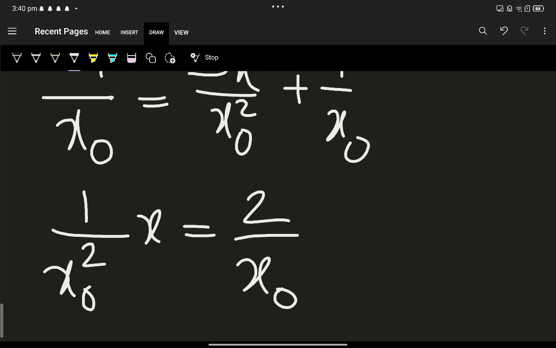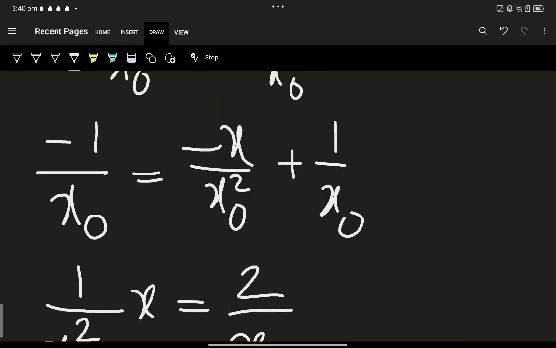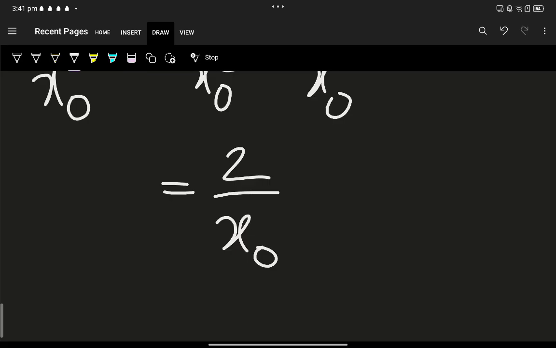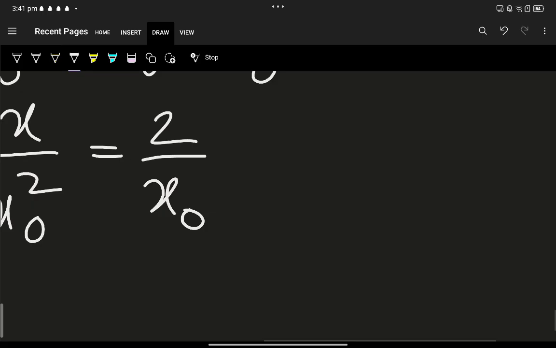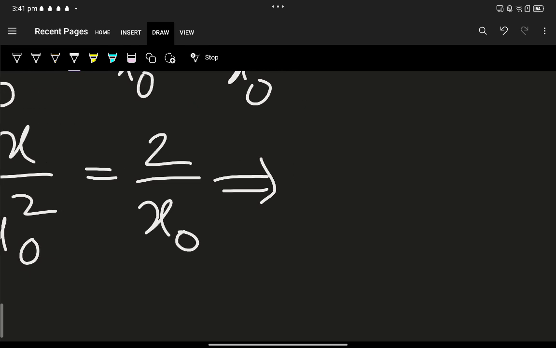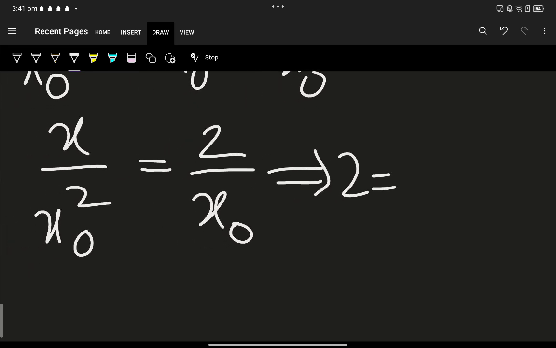naught, and if we just take this to the other side, we would get x upon x naught square will be equal to 2 upon x naught, and from here we'll take this right over here, and it will be into x naught, so x into x naught and 1 x naught will be cancelled out, so x upon x naught is equal to 2.